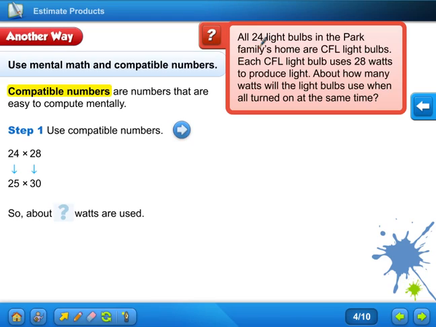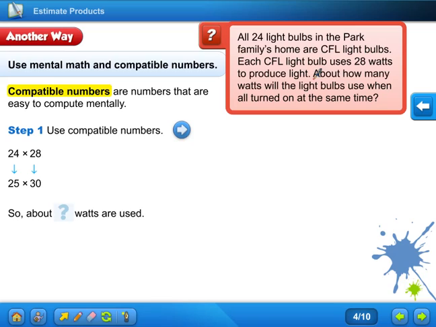All 24 light bulbs in the Park family's home are CFL light bulbs. Each CFL light bulb uses 28 watts to produce light.